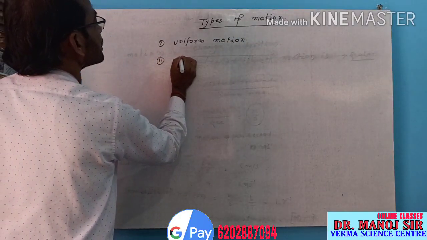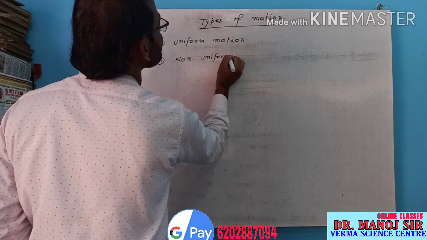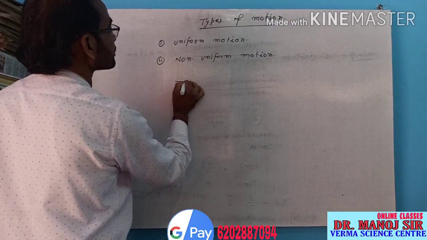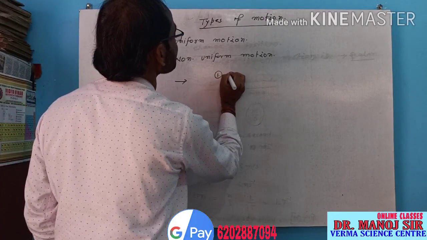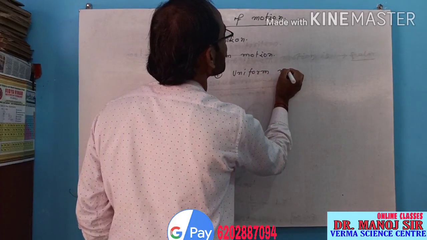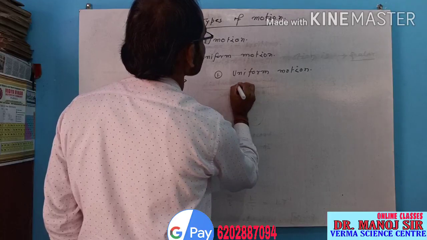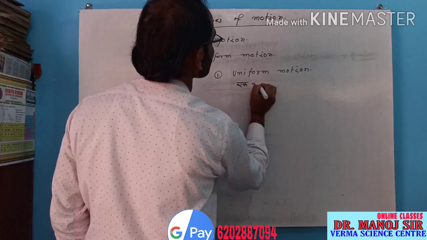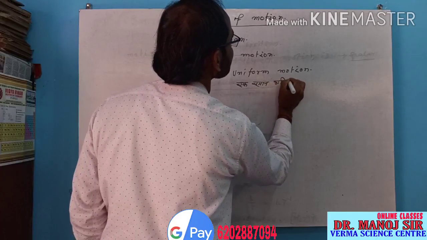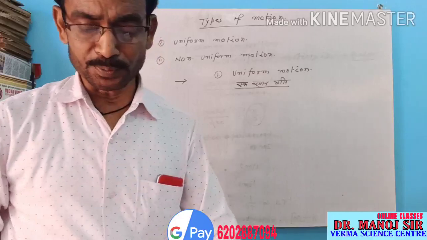Second, non-uniform motion. Number one, uniform motion. एक समान गति. Uniform motion.